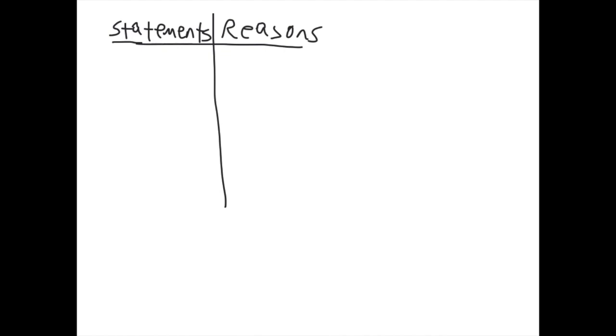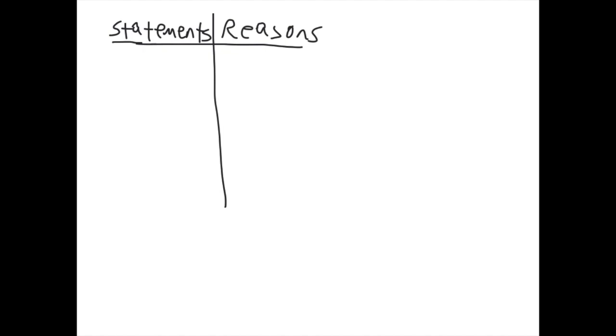It's a two-column proof. We have statements on one side and reasons on the other. So statements is where you say different things that help your case, like two things are congruent or parallel or something like that. And the reasons are saying why you know these things are true.